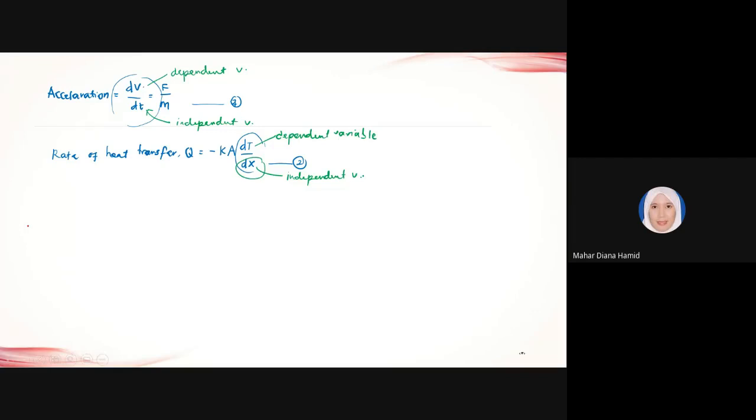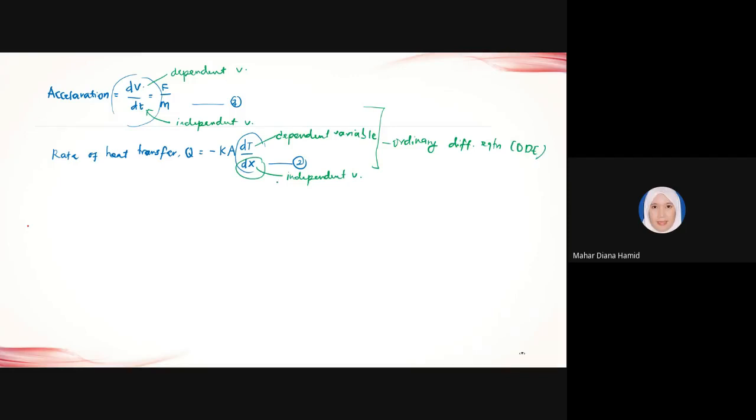If the function involves only one independent variable, as in equations 1 and 2, you will see that for these two differential equations we only have one independent variable. Therefore, we call it an ordinary differential equation, or ODE.